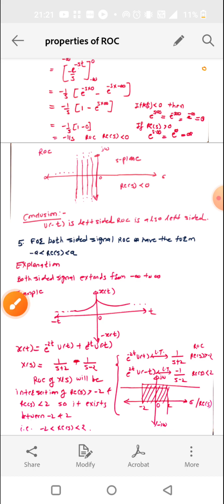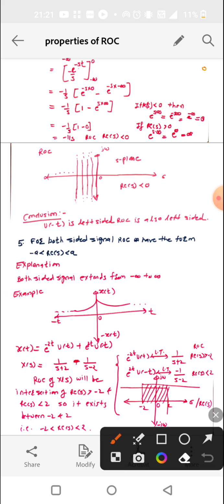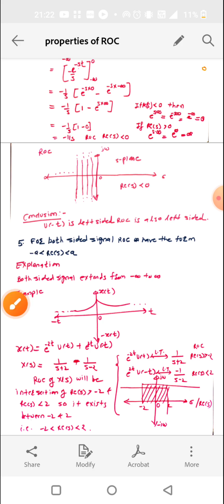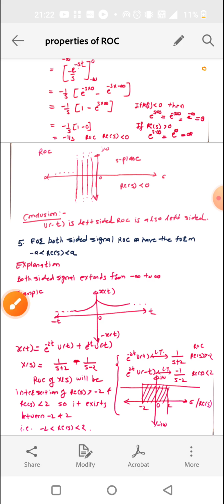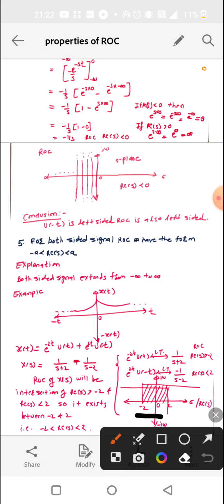Now if we plot this, real s less than 2 is this ROC, and real s greater than minus 2 is this ROC. Now the intersection between these two comes here, that is minus 2 to 2. So for both sided signal, the ROC is the intersection between two individual ROCs.